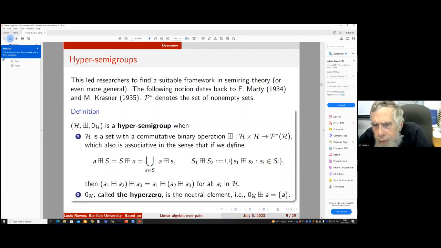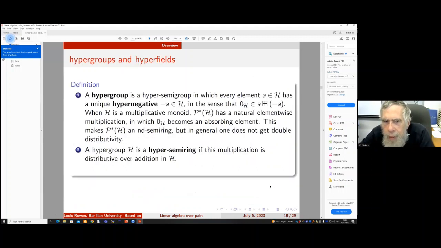Instead of the addition being in H, the addition is in the power set of H, or the non-empty sets in the power set of H. And then you define addition component-wise in the power set. And 0, called the hyperzero, is the neutral element. 0 plus any element a is the singleton set a.